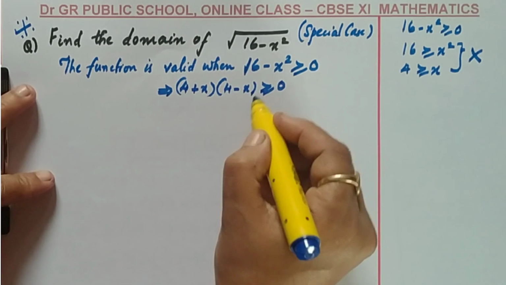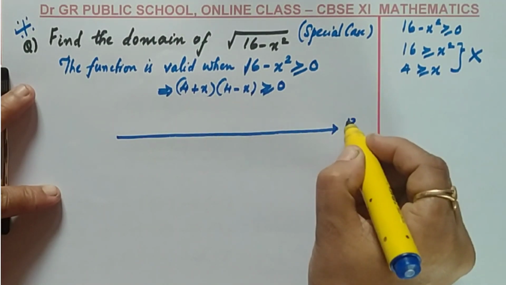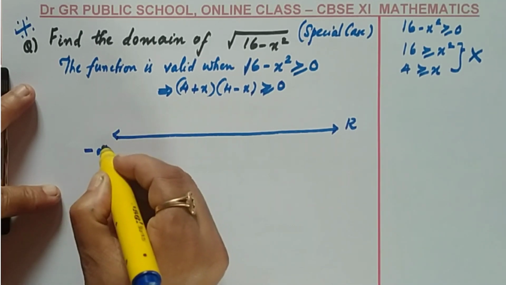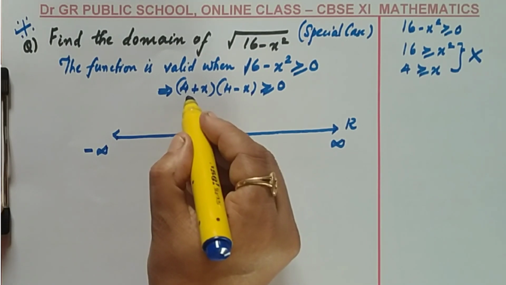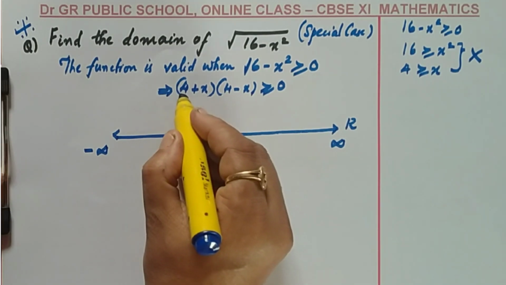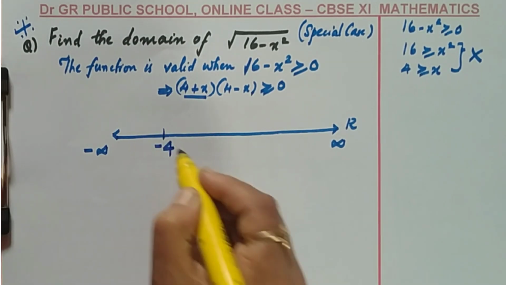After this step, you need to draw a number line in which you can see minus infinity and plus infinity. Now, you need to divide the real number line into separate intervals. Looking at the first bracket, which value will make it 0? When putting minus 4, the first bracket will be 0.